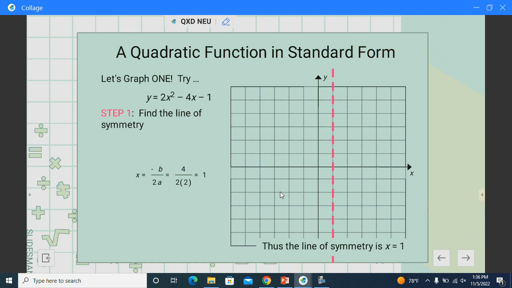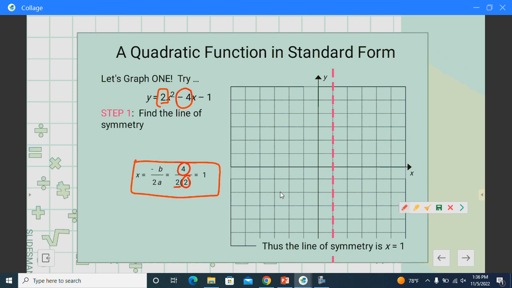We are going to use the formula x is equal to negative b over 2a, or I will say the opposite of b over 2a. What is our b? That is negative 4. So the opposite of b is 4. And our a is 2.